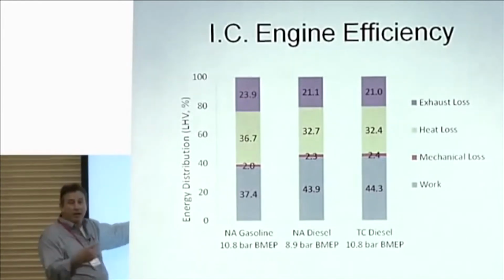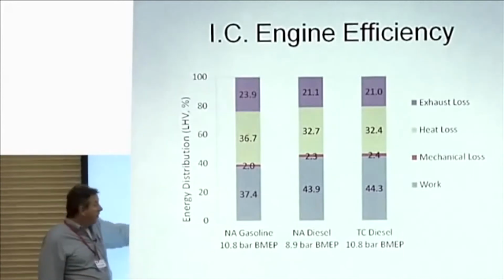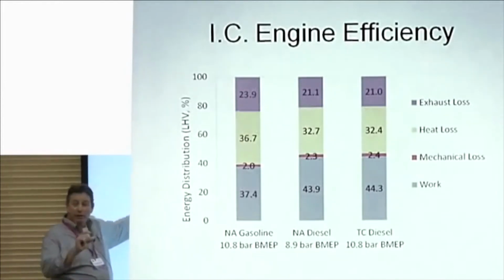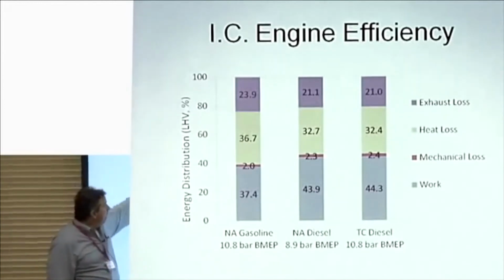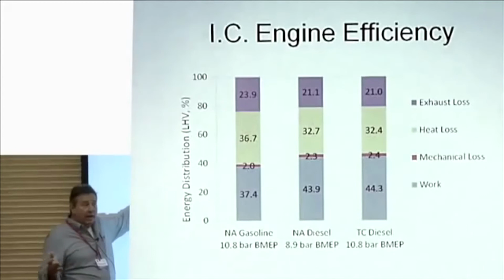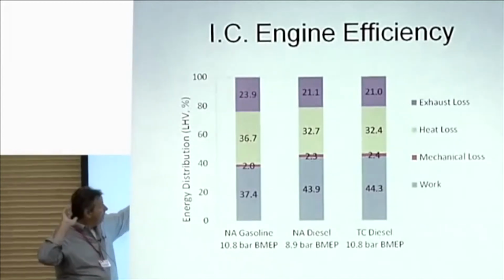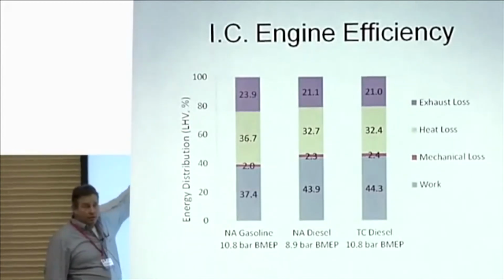In fact, it sits pretty much right on the sweet spot in a hybrid. Of the 37.4% work, about 2% is mechanical loss. So we've done pumping, we've done friction, we've included that all, but we split it out. Normally that would be in the heat transfer from it. We pulled it out so you could see it. Then there's heat transfer into the cooling jacket and passive loss radiating off the engine, and the amount that's in the exhaust.